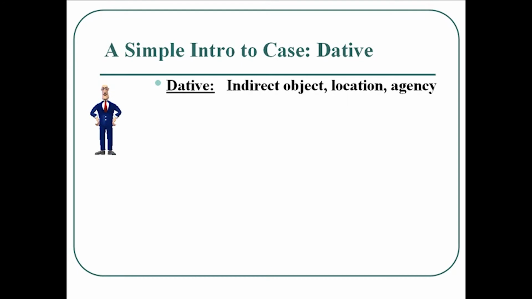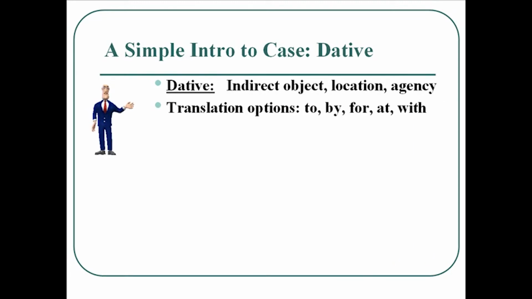The dative case is used to reference the indirect object, location, or agency, and some other things. The dative case is not present in modern Greek today. It's died out. Now, what are the different translational options for this dative case? This one has quite a few options for us when we go to translate it.